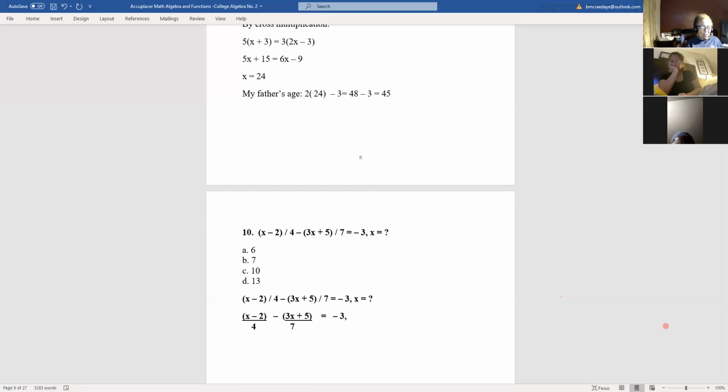So how would you solve this? You can do cross multiplication on this. There's gonna be 3x squared, Miss Barbara. No. Cross multiplying is x minus 2 times 7 and 3x plus 5 times 4.